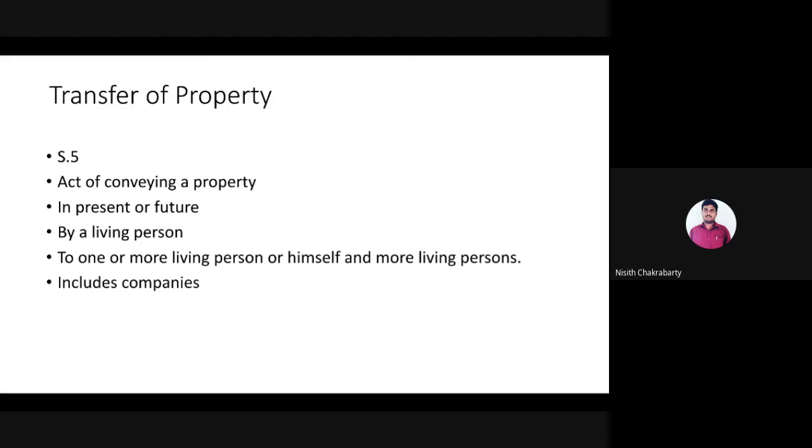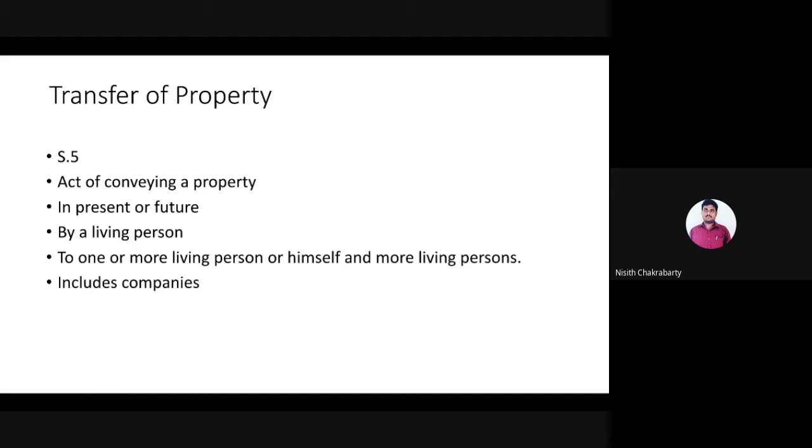No, he can't. But to himself and others, where I am the only sole owner, then I'm transferring it to Rajat and co. In that case, it is allowed. Or Rajat in some other capacity, Rajat as a principal of a college, or Rajat as an agent of a company, and some other person, that is also allowed. And when I say living person, that includes companies. So this is basically transfer of property.